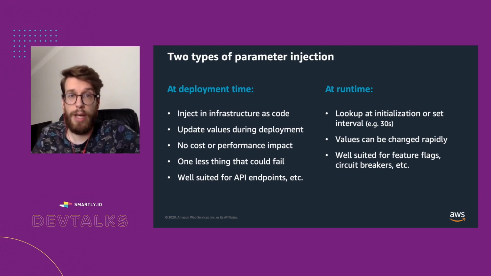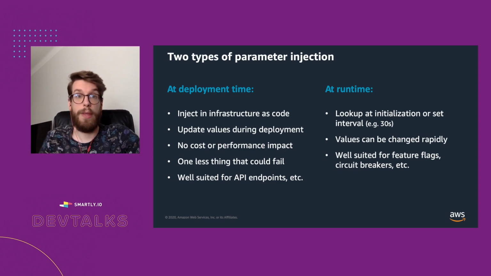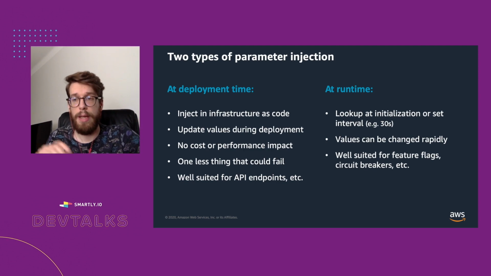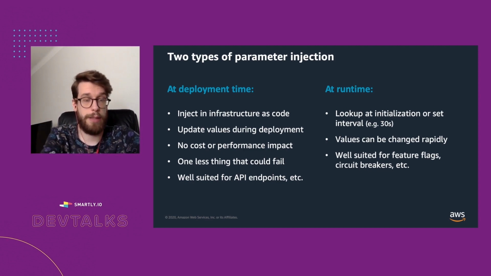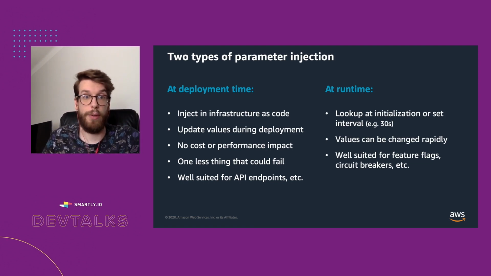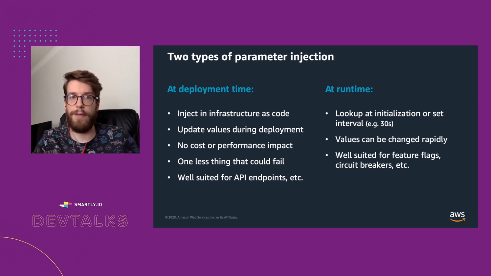So my Lambda function has its environment variables there with the Lambda function. So that's one less thing that could fail in the overall process. The function does not need to call a third-party service or anything like this to do that. And that's well suited for things that don't change often. So the API endpoint, the event bus name, these are things that will probably never change for the entire life cycle of an environment.